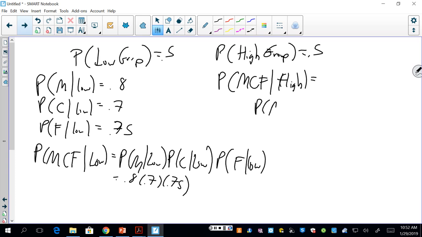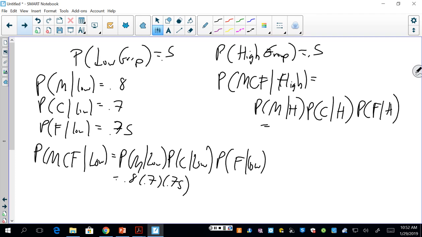The probability of this level of M given the high one, this level of C given the high one, and the probability of the sphere given the high one were 30%, 30%, and 10%. So that's 0.009 over here. Whereas if you multiply these three things together for the low group, it's about 0.42.